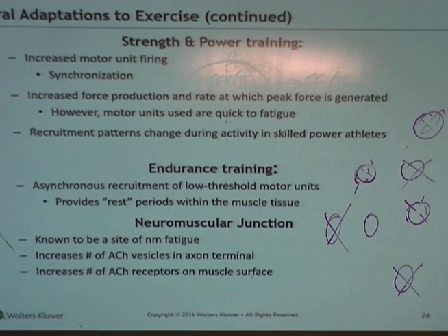So if my neuromuscular junction increases in size a little bit, I have more vesicles and more ACH available to carry the signal across. Right? And then we also see an increase in the number of protein receptor sites on the sarcolemma. So now there's more receptor sites to accept more ACH, and we reach threshold faster.